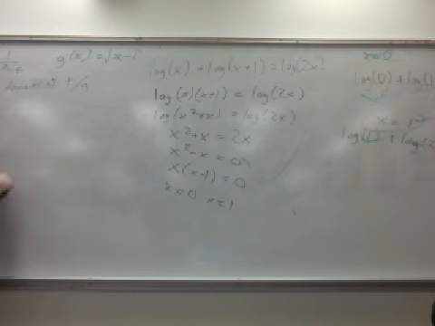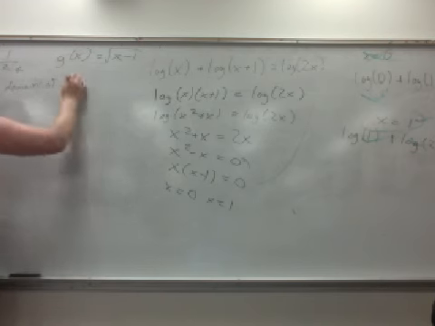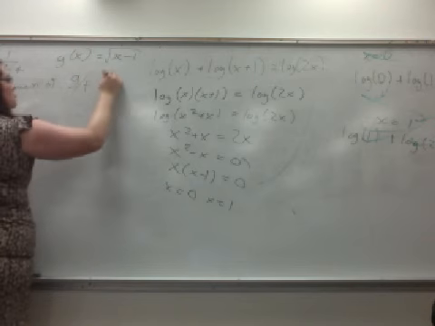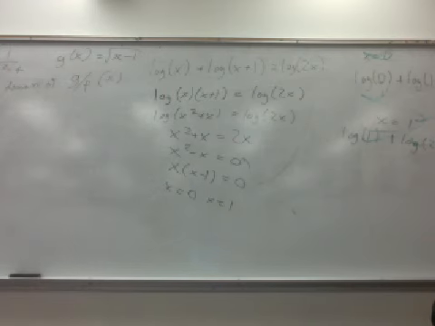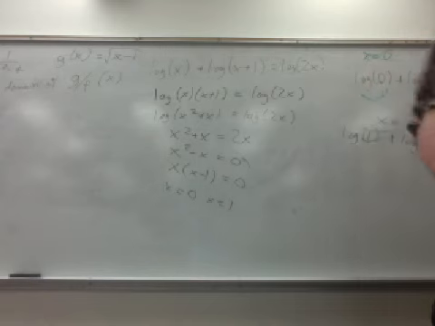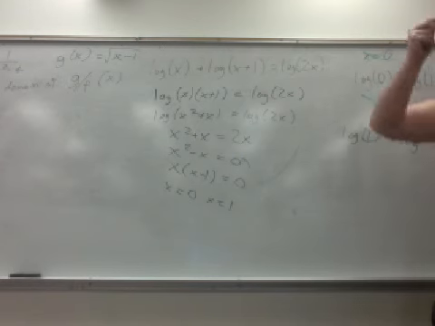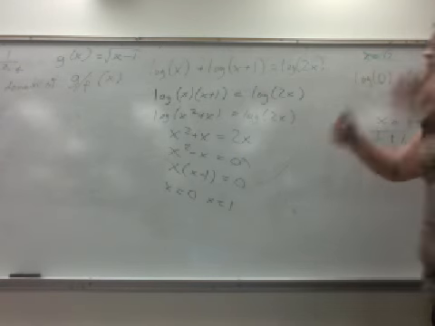Actually, I'll do it the other way. So here's f of x, there's g of x. I want to find the domain of g over f of x. The first thing to do if you're ever doing a domain of something like this is figure out the domain of f of x and the domain of g of x.